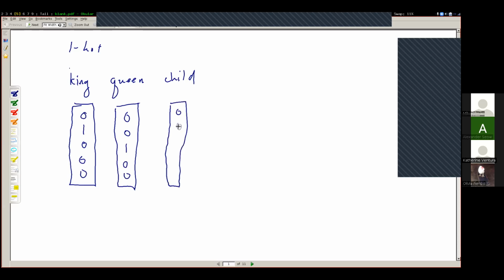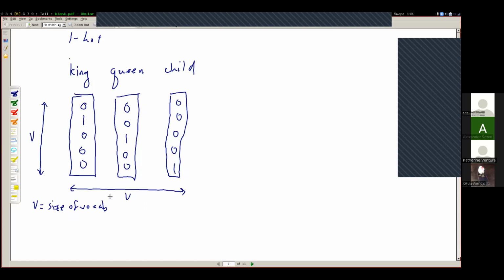These are all rectangles, I promise. The size of these rectangles would be V, where V is the size of your vocabulary, how many words you have, and the total number of vectors that you have is also V.